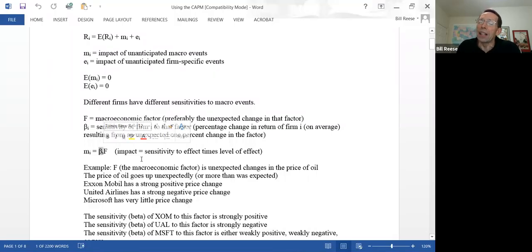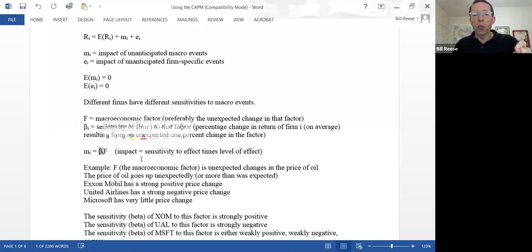Now, just like we said we needed a scale for whether the market was up very much or not by comparing it to the risk-free rate, we need to do the same thing for individual firms. So we're not looking at whether the return for the firm is up or down, but is it up by more than the risk-free rate, or does it go up by not as much as the risk-free rate?